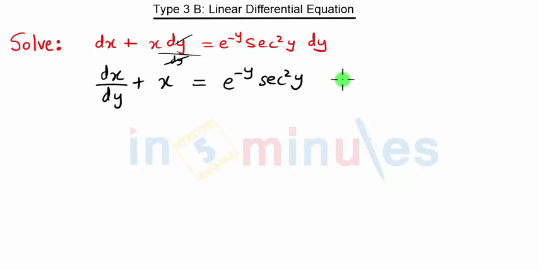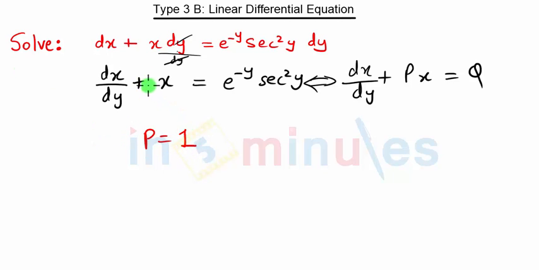So this equation is of the form dx upon dy plus p into x equal to q. So if we compare these two equations, we will get p equal to 1. Here the coefficient of x is 1, and q we get as e raised to minus y sec square y.